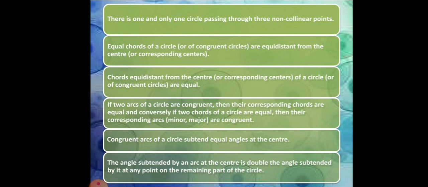Next, equal chords of a circle are equidistant from the center. Chords equidistant from the center of a circle are equal. If two arcs of a circle are congruent, then their corresponding chords are equal, and conversely, if two chords of a circle are equal, then their corresponding arcs are congruent. Congruent arcs of a circle subtend equal angles at the center. The angle subtended by an arc at the center is double the angle subtended by it at any point on the remaining part of the circle.